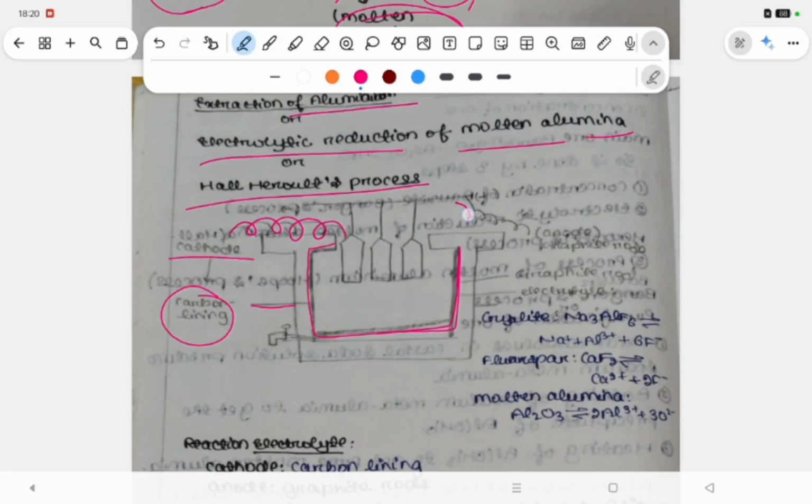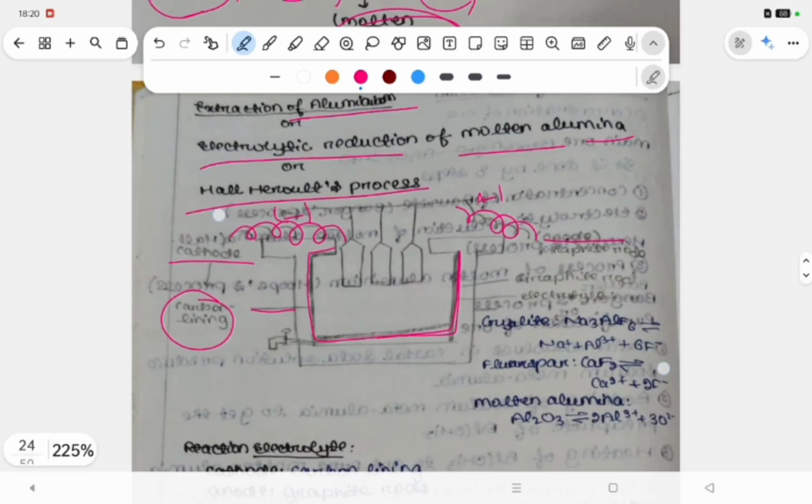This is the anode. Cathode is negative, anode is positive, and here it is given graphite rod. This is the graphite rod.